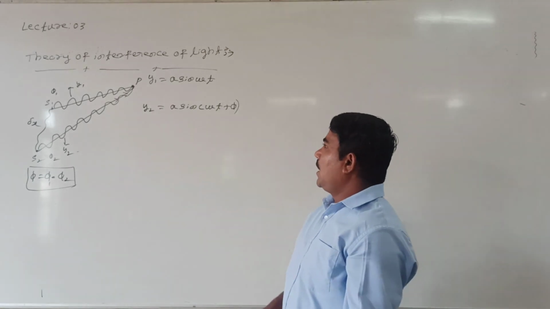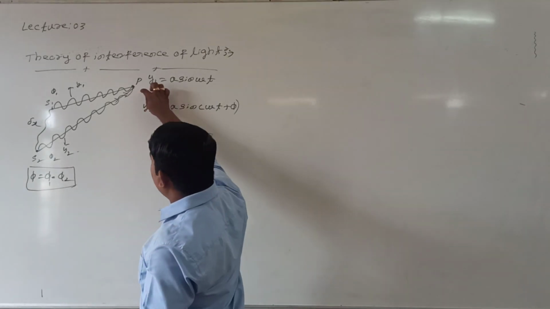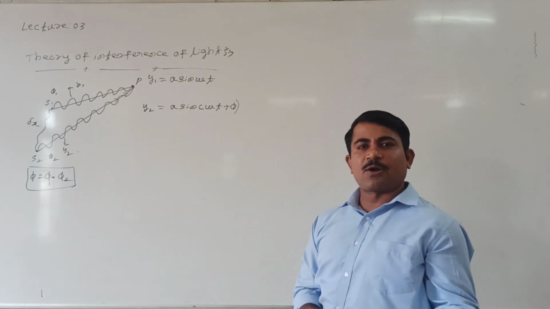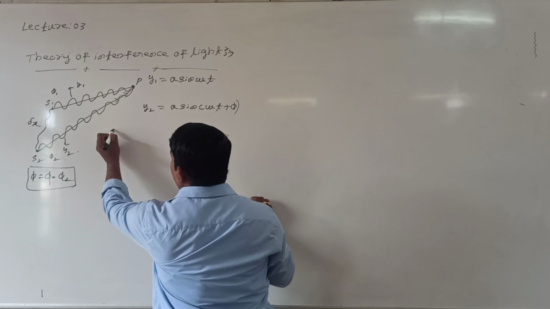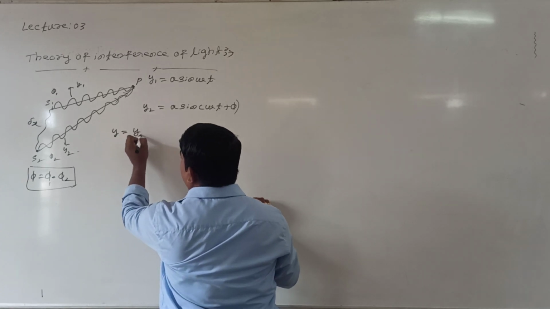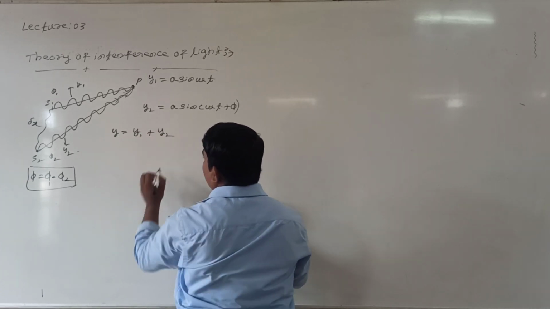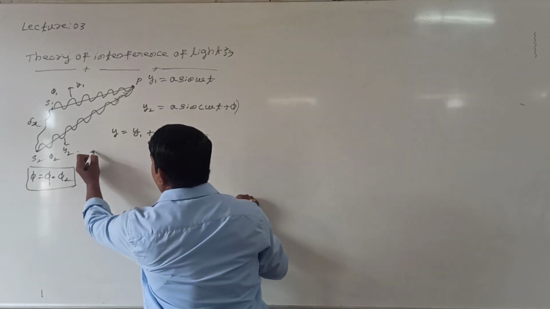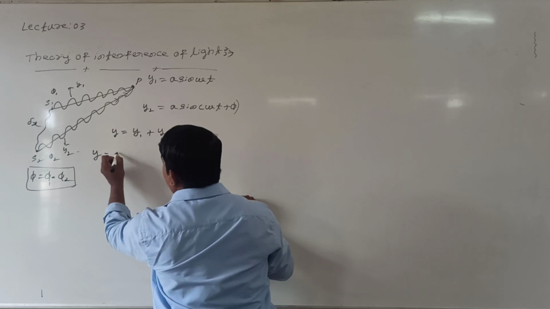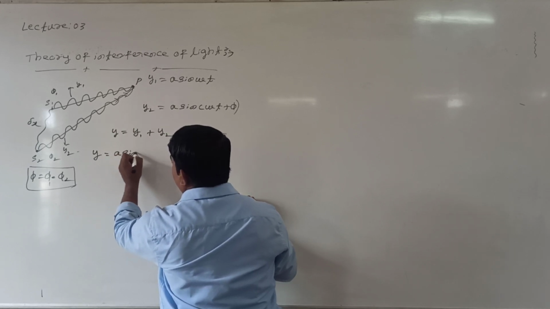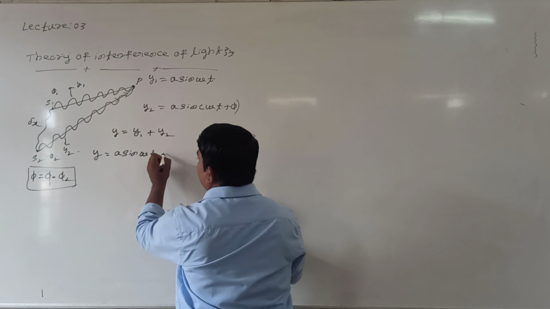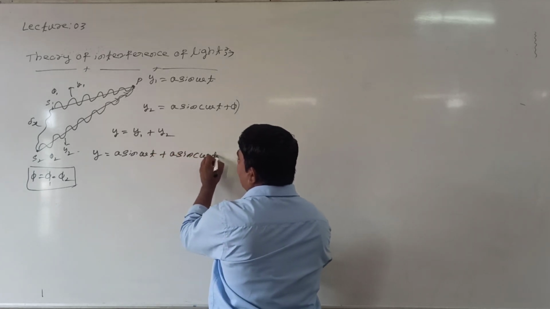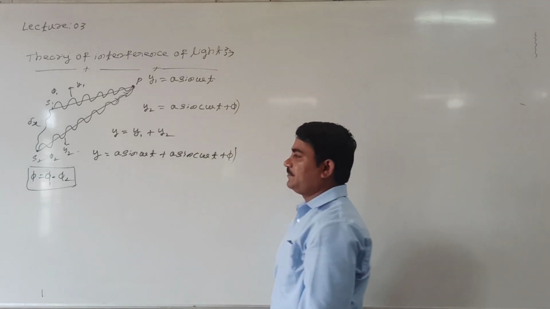See here. Now when two or more waves overlap at point P, according to the superposition principle, y is equal to y1 plus y2. Then you can write y is equal to a sine omega t plus a sine omega t plus phi.